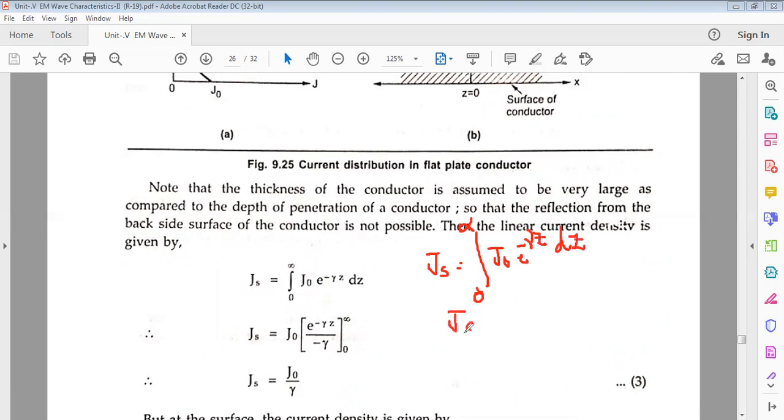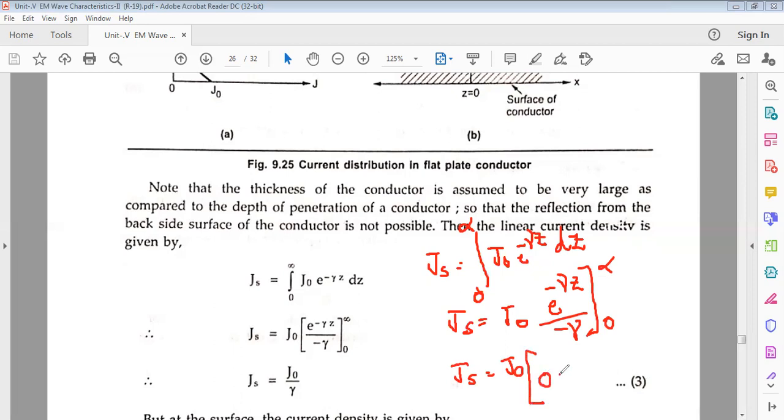So Js is equal to J naught into e power minus gamma z by minus gamma, with the upper limit infinity and lower limit 0. Substituting the upper limit, e power minus infinity is 0, minus the lower limit, which gives 1 by minus gamma.